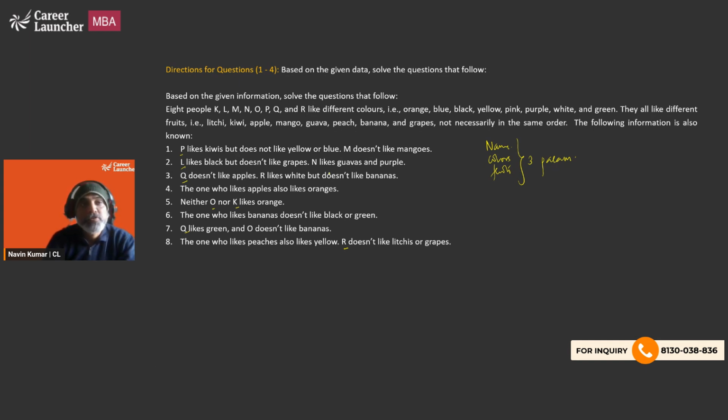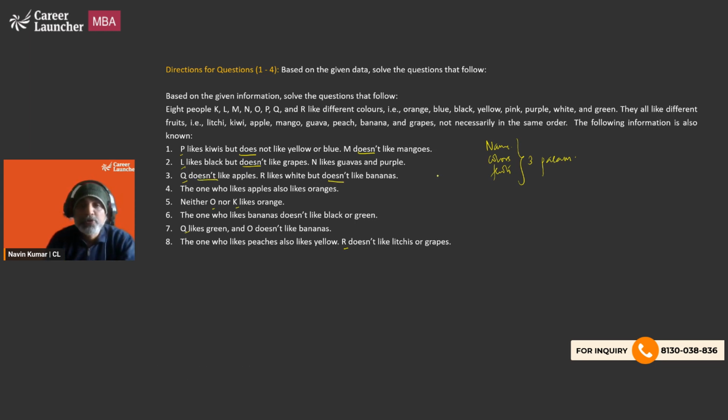So we'll have to put in a lot of information beside the color that P doesn't like. So what will happen is the table will become very crowded. So whenever you have statements that consist of negations as well, we prefer using a matrix.